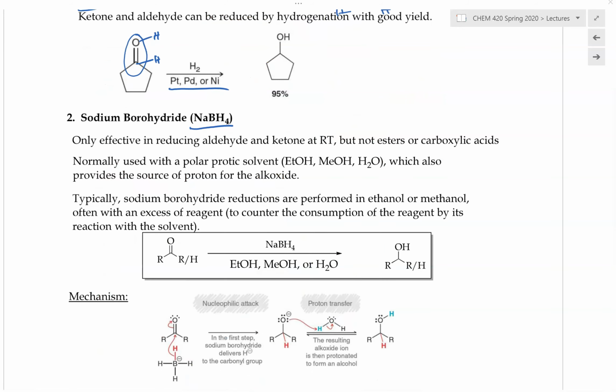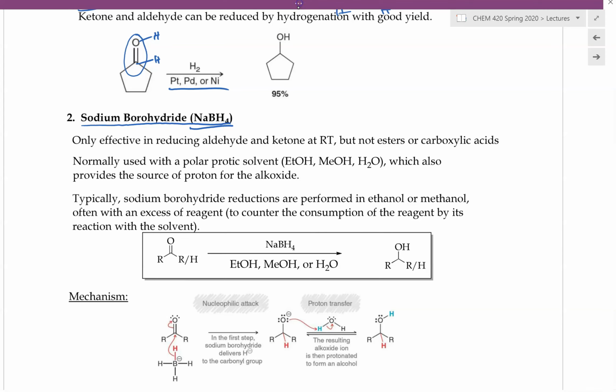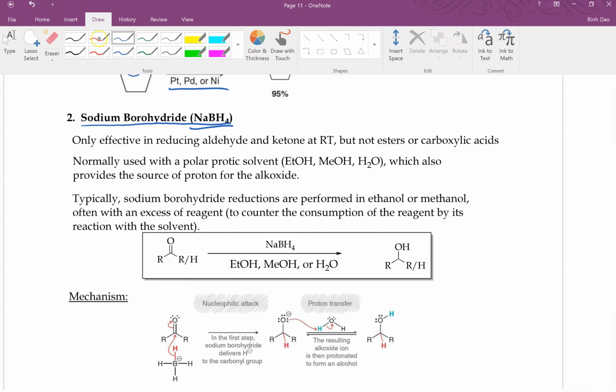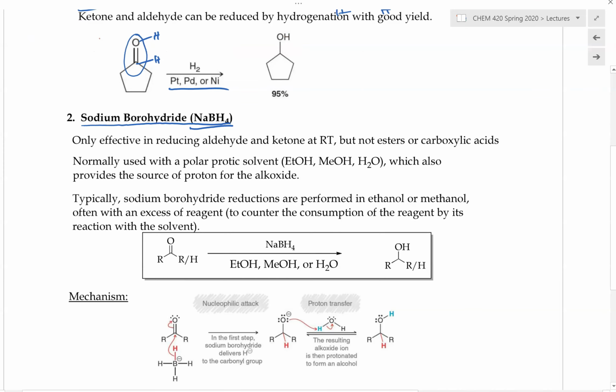Now, let's go over the second reducing agent, sodium borohydride, or NaBH4. This is a very common and useful reducing agent that provides very good selectivity, and its value comes from its reactivity and therefore its selectivity.